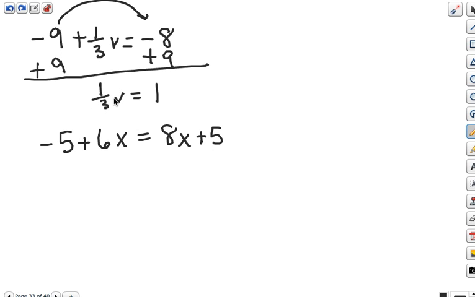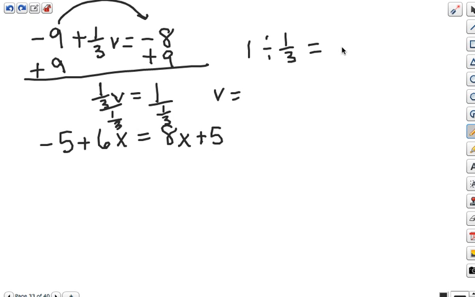Okay, now again we have a fraction, so we have to divide by that coefficient of v on both sides here. Okay, so that is just going to be v, and then we have 1 divided by 1/3.